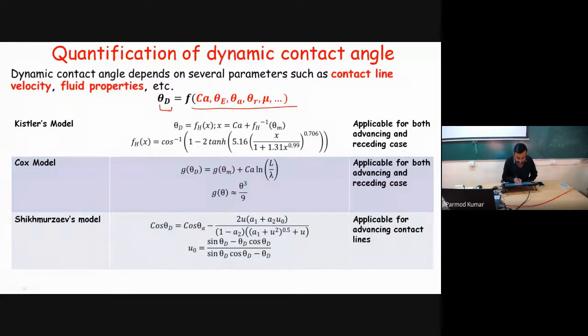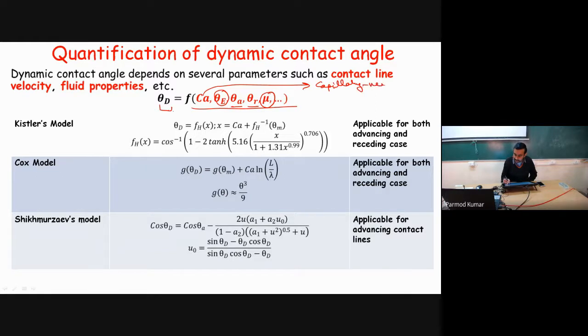So dynamic contact angle is a strong function of the equilibrium contact angle of the surface, the advancing contact angle, the receding contact angle for a surface, and the viscosity of the drop liquid. Another important parameter we have here is the capillary number.